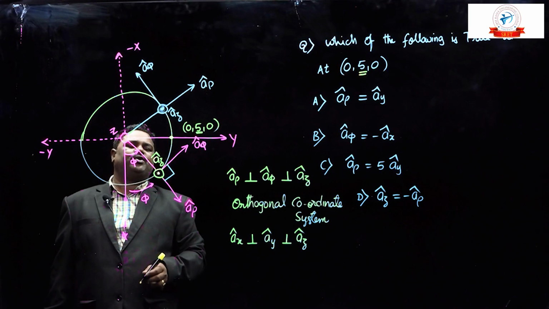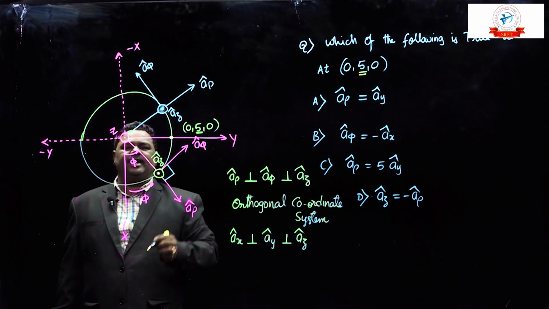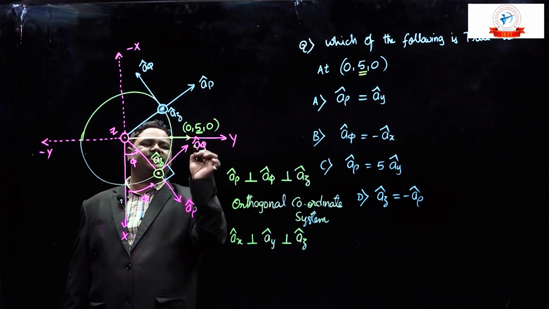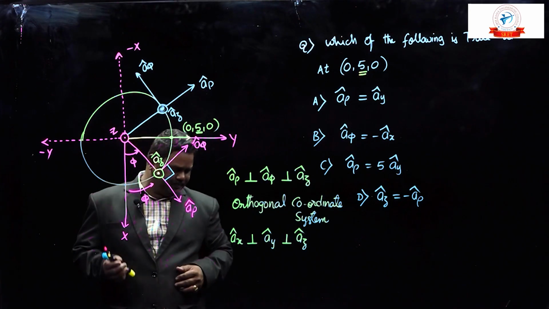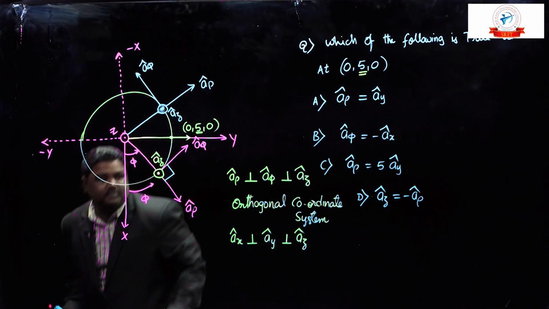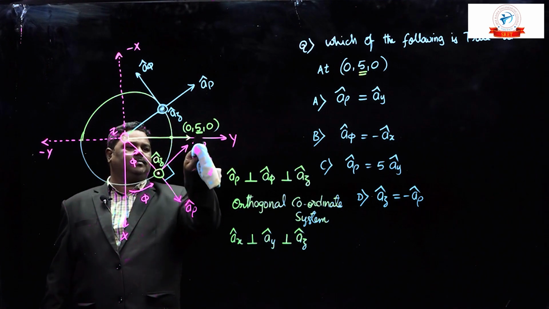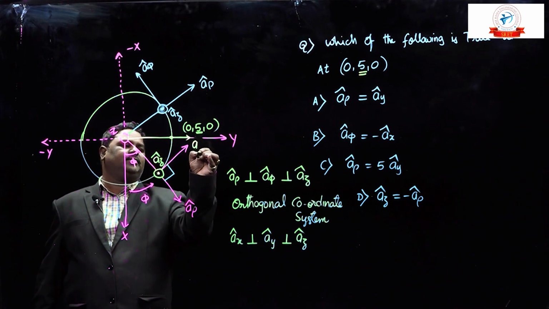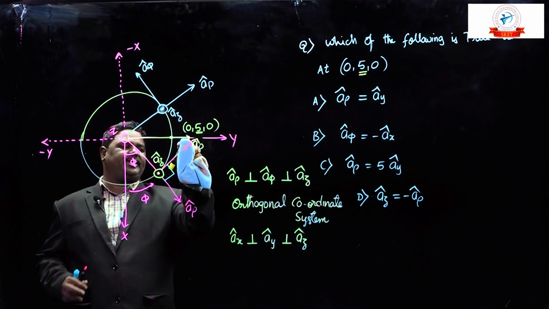What is the ρ direction at this point? Radially away from the z-axis is the aρ cap direction. So this is the aρ cap direction.